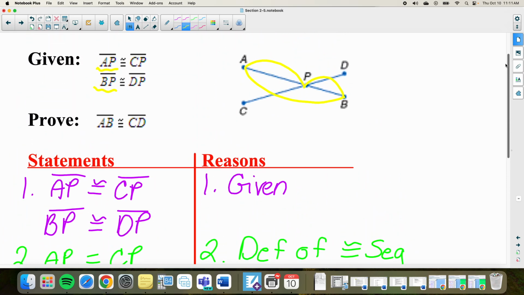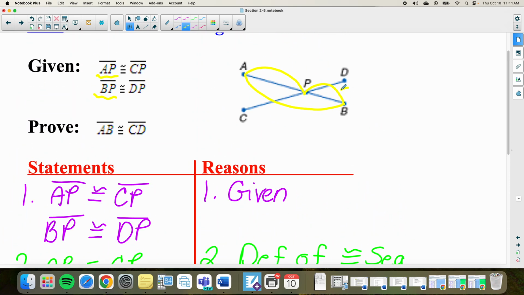Now if we look, we still have to break this one into parts. So if I look, this could either be written as CP or PC. Notice it's CP. This could be PD or DP. Notice it's DP. And then the whole thing is CD.